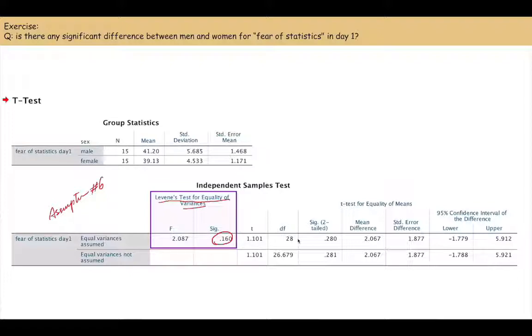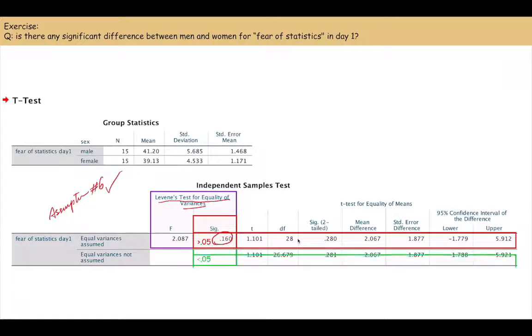If the value that we have here is not significant, like here, then assumption number 6 is okay, and we can use the level of significance in the first row. Here we can see the value that we need, 0.280, because it's not significant.